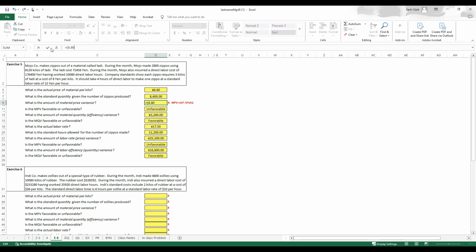That's the actual price. We could link this above, but let's just do 8.80. It's 8.80 minus the standard price, which was 8, times the actual quantity, which is 8120.